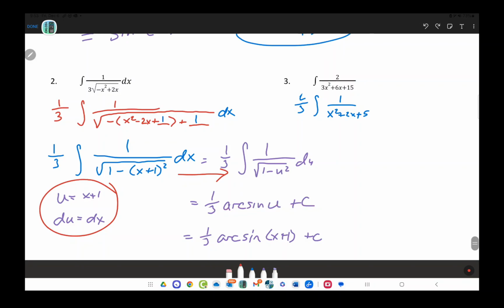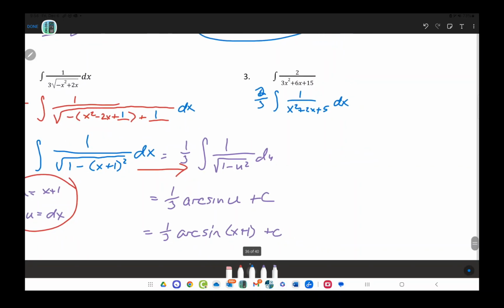Now, do you want to walk us through number 3? Yeah. I just took the 2/3 out of the front, so then it was 1 over x squared plus 2x plus 5 dx. I completed the square for that.